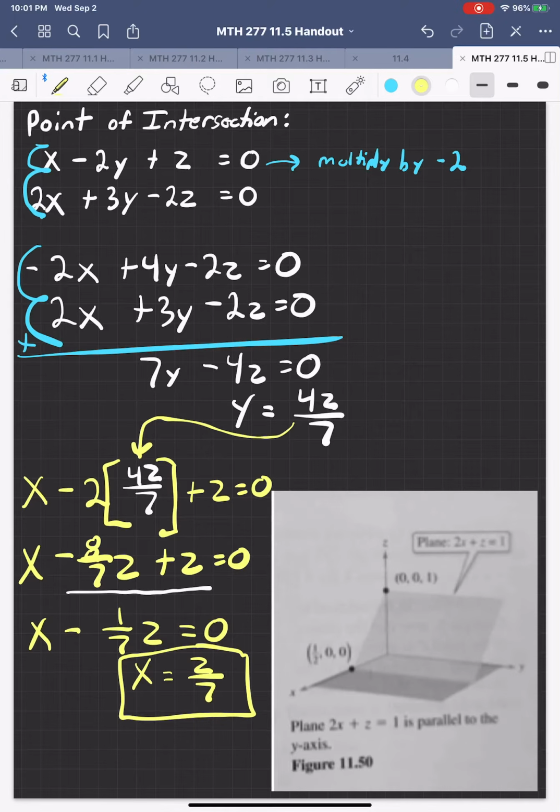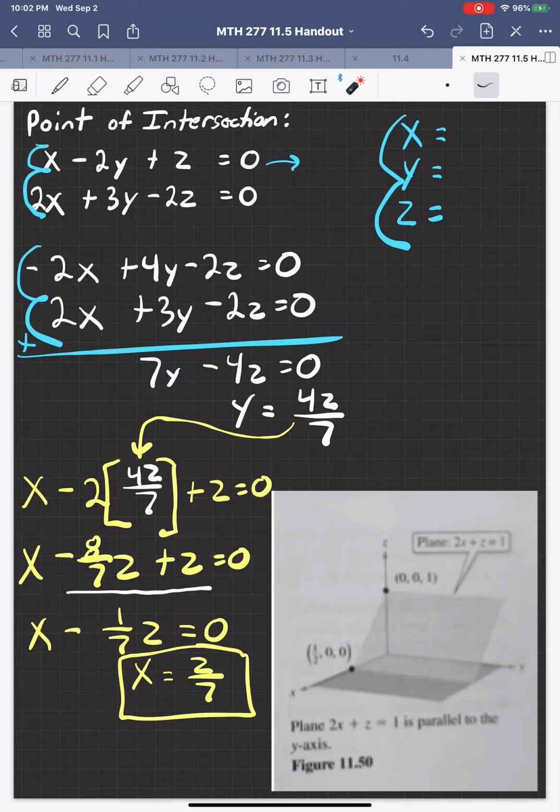So let's free up some space here. So remember, your parametric description is, we would have x equals, y equals, z equals. All right. So how do I proceed here?